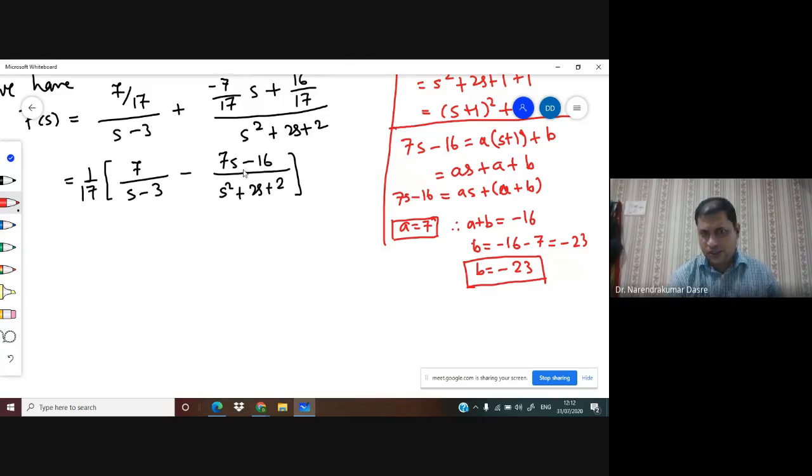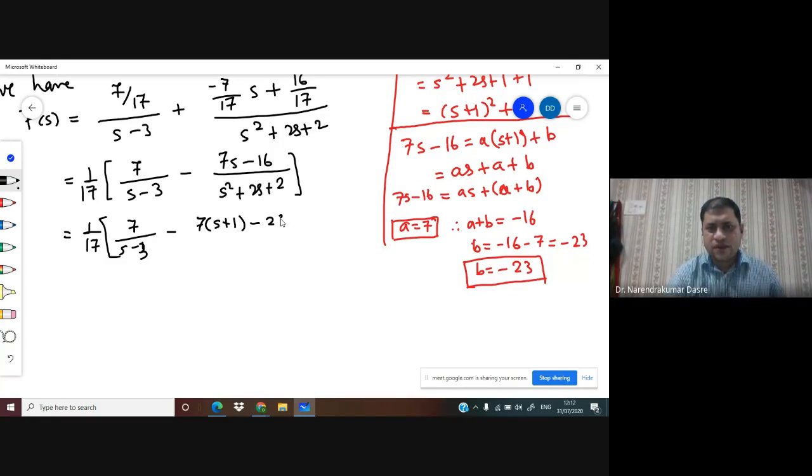Okay, so we got the value of a, we got the value of b, and so we are able to write down this term. Hence we have this as 1 by 17 times [7 upon s minus 3 minus, in the numerator, 7 times (s plus 1) minus 23, in the denominator (s plus 1) bracket square plus 1].